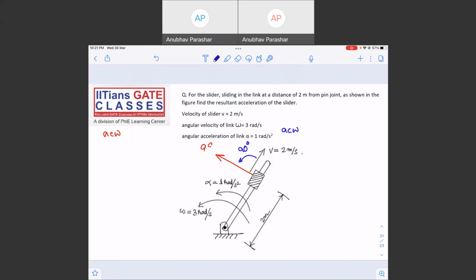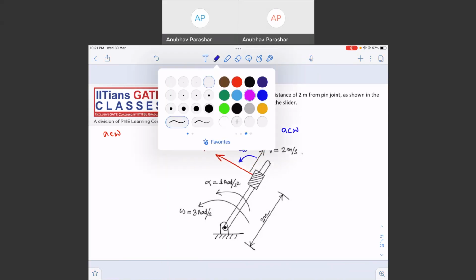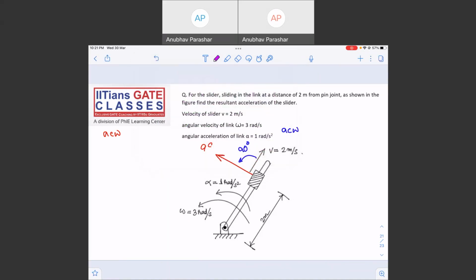Okay. Now in this question, what is the question given here? For the slider sliding in the link at a distance of 2 meters from the pin joint as shown in the figure, find the resultant acceleration of the slider. So the velocity of the slider is given, angular velocity is given, and angular acceleration is given. So there will be three types of acceleration in this member.